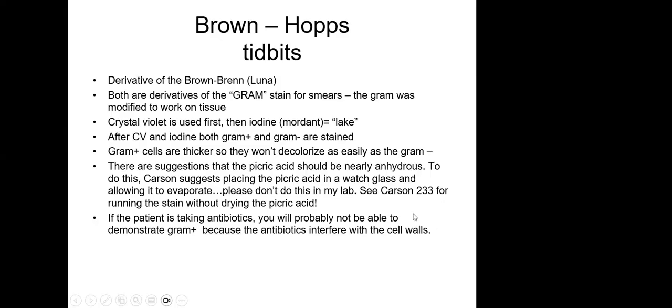But this really isn't our call to make. This is more of the pathologist's call to make. He or she may look at these and say, we suspect that there's gram positive there, why are we not seeing it? And make that phone call to the doctor to see if that patient is on antibiotics.